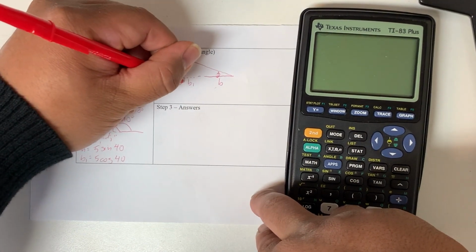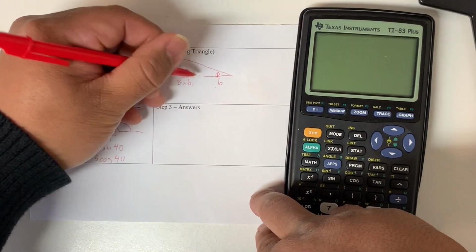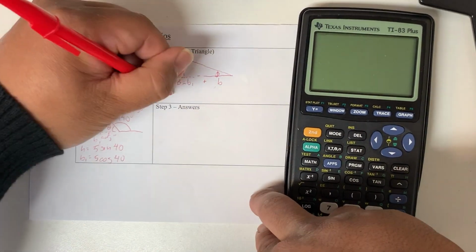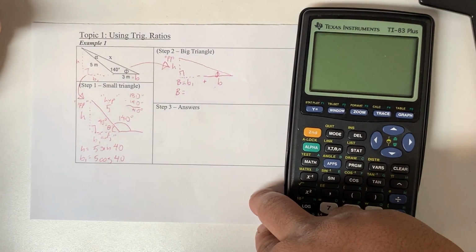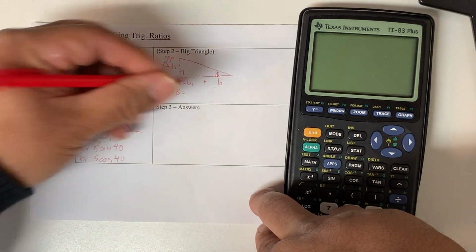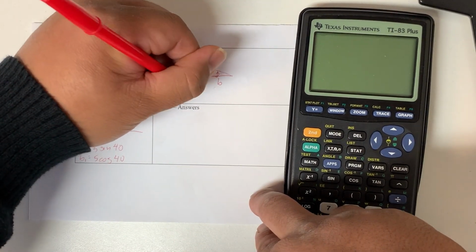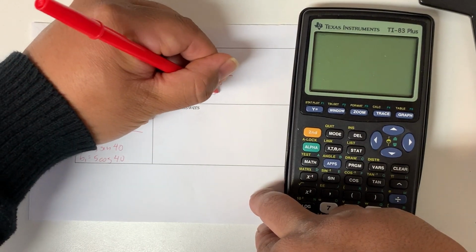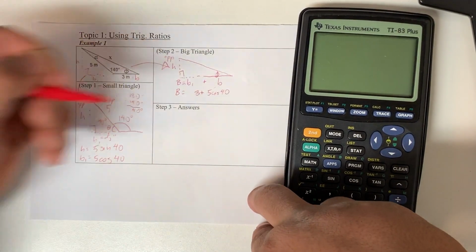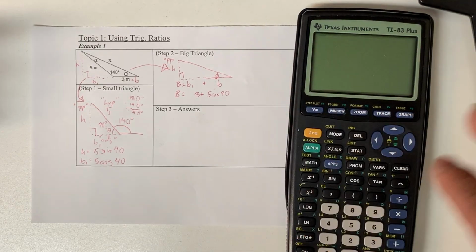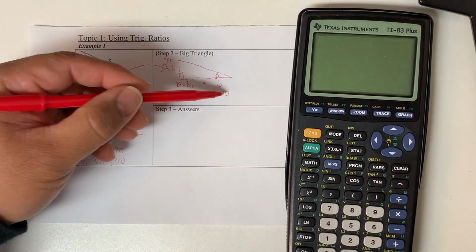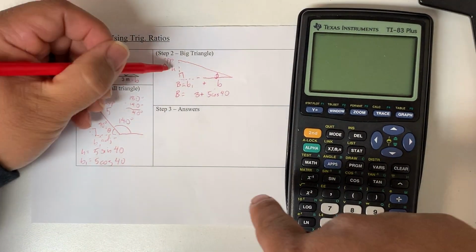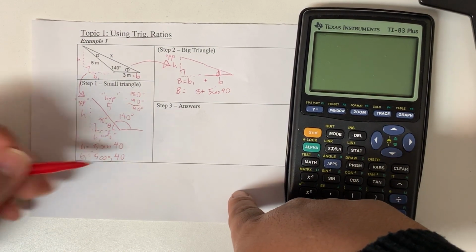I'm going to call it big B. That's the B1 that we found earlier plus the original base B. So our formula for big B is 3 plus B1, which is 5 cosine 40. I know I wrote that backwards. Remember that B1 plus B is the same thing as B plus B1, so you could switch those. Those don't matter since it's addition. Our H formula is still 5 sine 40.